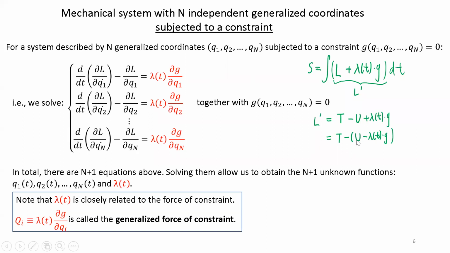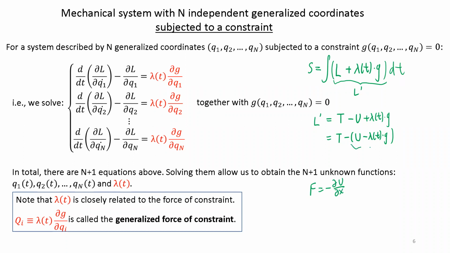But if I want the terms here to play the role of potential energy, then first of all, we understand that the constraint is not written as the potential energy, but let me say that I want these terms together to play the role of the potential energy. And you know that the force is given by minus partial u partial x, if it's in the x direction.